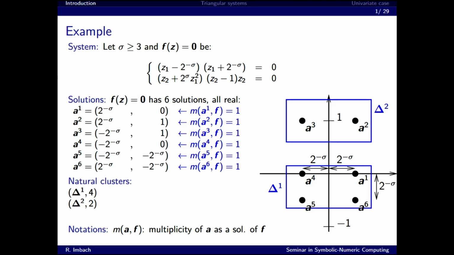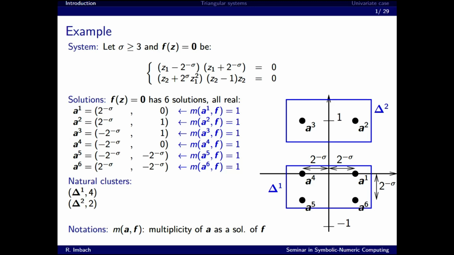And so you have 2 to the sigma. Well, this is a parameter, and we can grow this parameter, and the solutions will be closer and closer. So you see, for instance, this solution has position 2 to the minus sigma, 0.